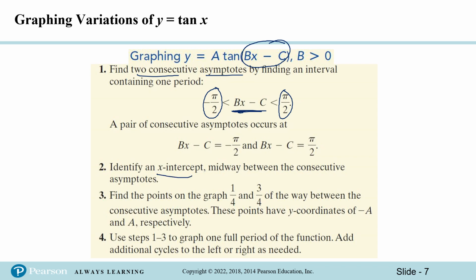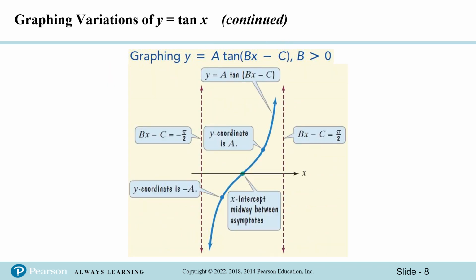Your x-intercept is going to be halfway between the 2 asymptotes that you just found, and then 1/4 of the way between, you are going to have y values of -a and a right here, and that will give you 1 full period, and you can draw as many periods as you like.